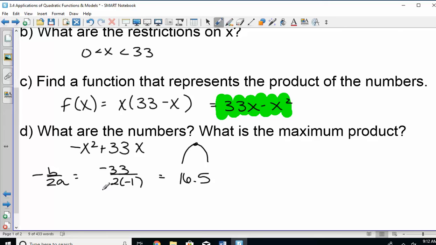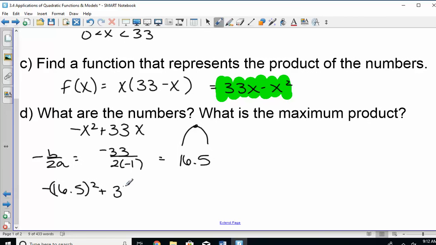So if I plug that back in, I get 272.25. Okay.